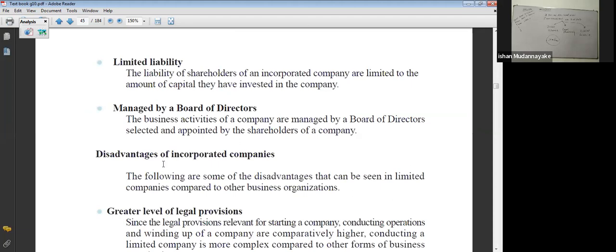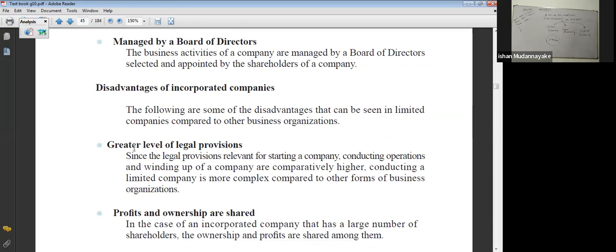Then we discussed disadvantages: greater level of legal provisions, and profit and ownership are shared among shareholders. That is the end of the incorporated company.